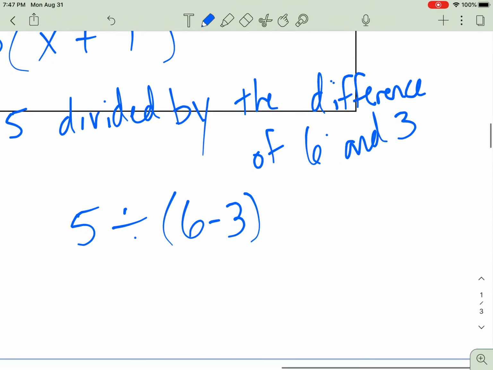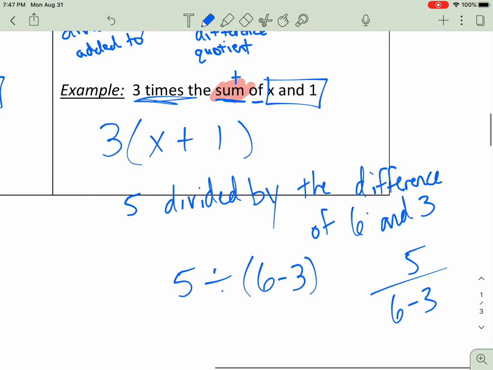And you could actually also write this one like this, 5 divided by the difference of 6 and 3. Okay, so that's really what it means when it's talking about parentheses words. It's telling you you should put these in parentheses so we know to do it first. Because remember in PEMDAS, like in this example, we would do 5 divided by 6 first. But that's not what it really wants. It says divided by the difference of 6 and 3. So 6 and 3 is what you would have to do first. Then you can divide it.